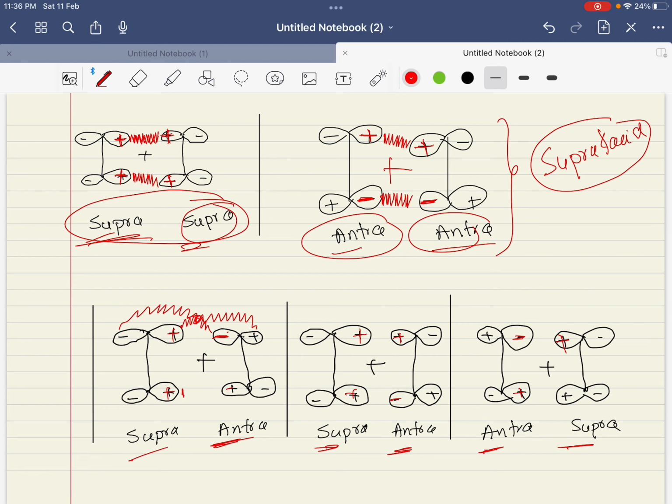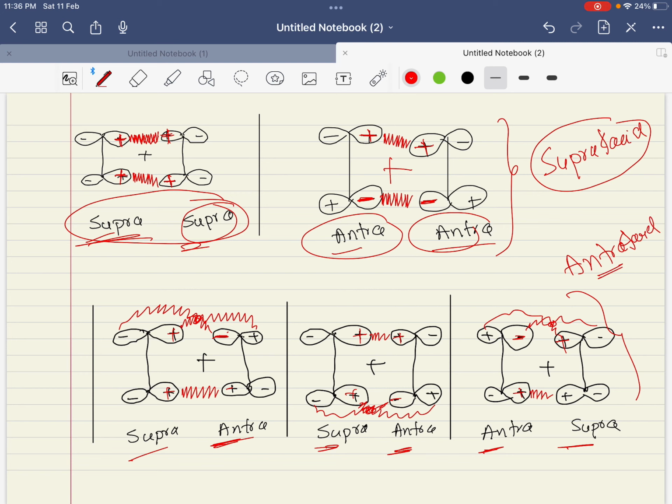Here it is across the same phase, but here it is not across the same phase. One node is forming here. So if there is a formation of a node, this is called as what? Antarafacial.